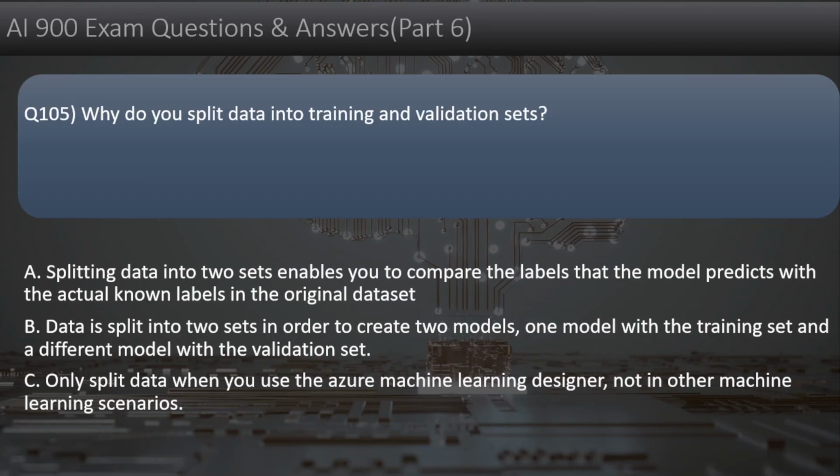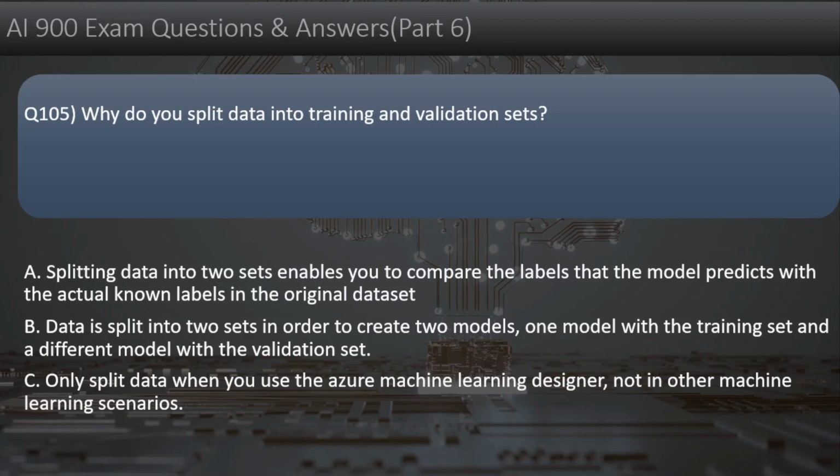Why do you split data into training and validation sets? Option A, splitting data into two sets enables you to compare the labels that the model predicts with the actual non-labels in the original data set. Option B, data is split into two sets in order to create two models, one model with the training set and a different model with the validation set.